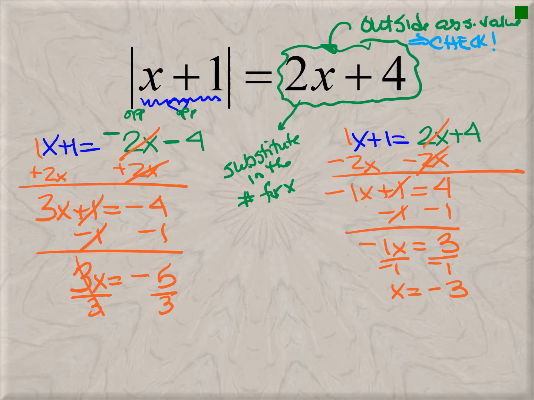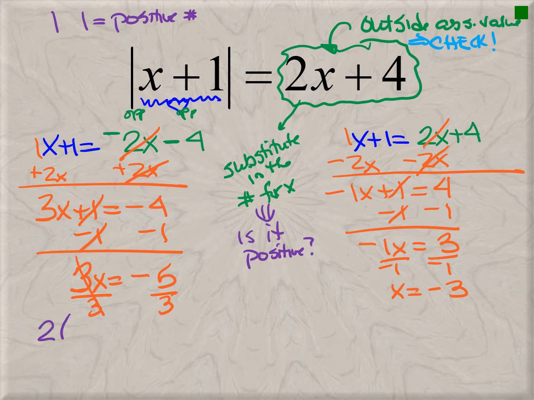And what you're doing this time, instead of seeing if they equal, you want to say, is it positive? Here's the reason for that. Absolute value must equal a positive number outside because outside represents the distance, not the direction. Distance is always positive. The positive and negative tell you left or right. That tells you the direction.